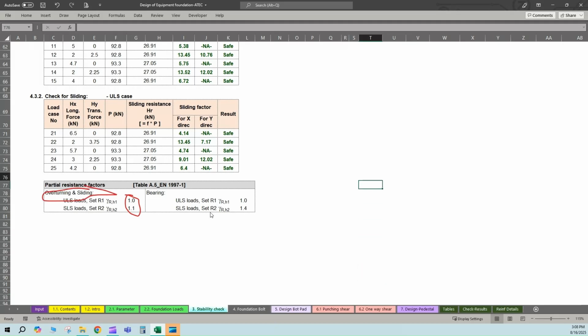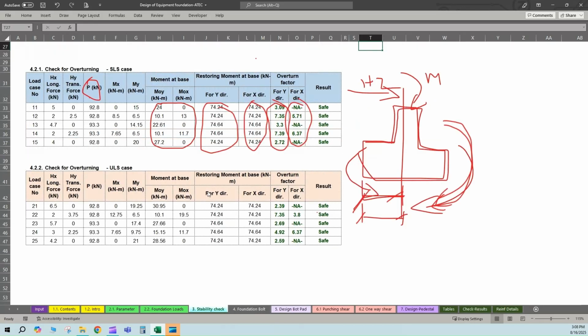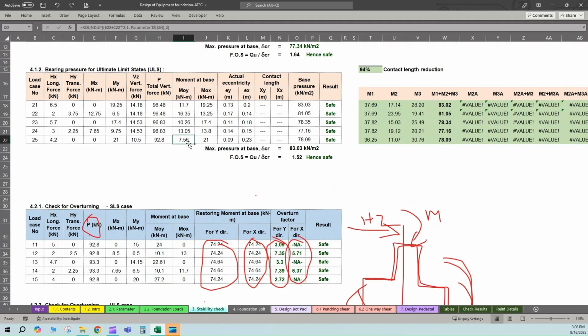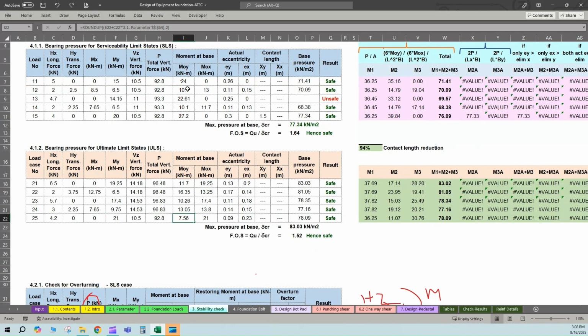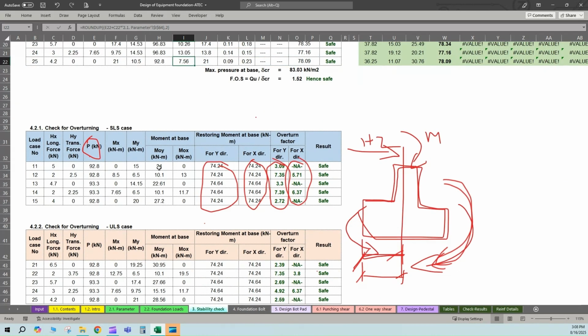So we can say this foundation is safe in overturning. Now let us look at how it is calculated. These are the moments we already calculated for the bearing pressure, like 24, 10.1, 22. These values we can directly consider here for all the load cases.